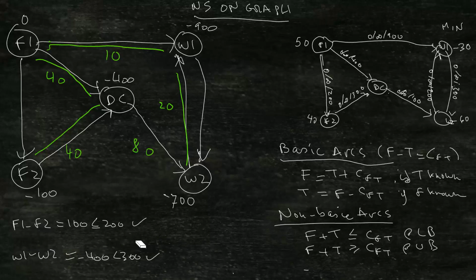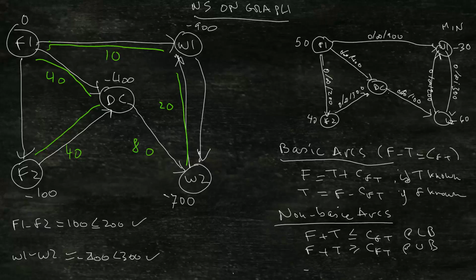Let's see W1 to minus W2. That still is the same, except it's now minus 900 plus 700, that's minus 200. So this gets changed to minus 200, which is still less than 300. So that's okay. But the new non-basic arc, which has to be checked for feasibility, is DC to W2.